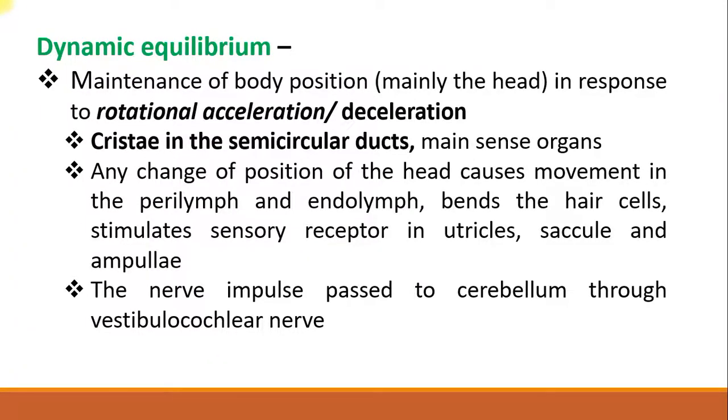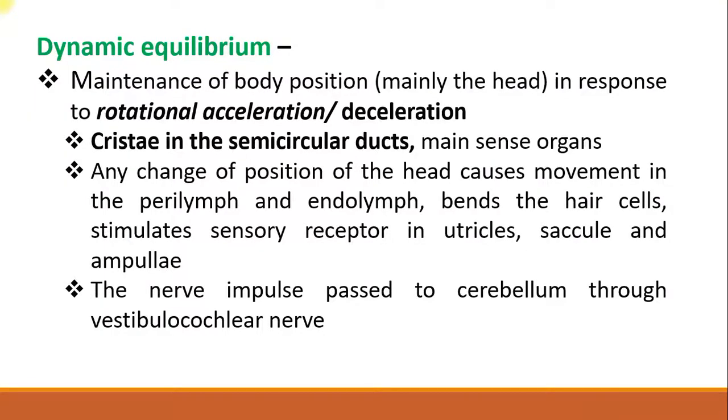The cristae in the semicircular ducts are the main sense organs responsible for dynamic equilibrium. These cristae of the semicircular ducts and the maculae of the utricle and saccule form the vestibular apparatus. Any change of position of the head causes movement in the perilymph and endolymph, which bends the hair cells and stimulates sensory receptors in the utricle, saccule and ampullae.